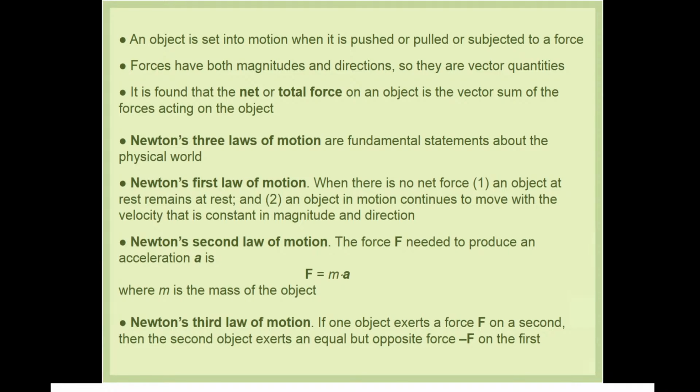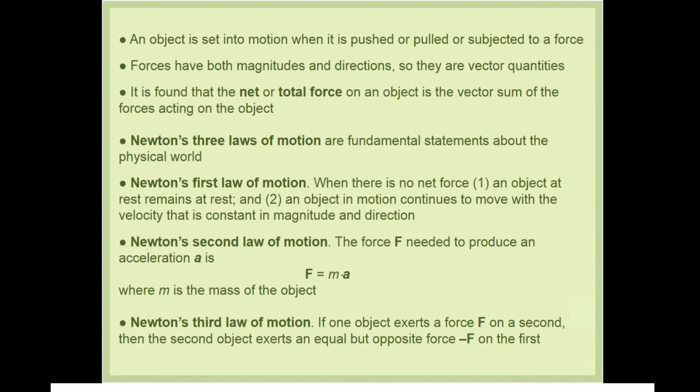Forces have both magnitudes and directions, so they are vector quantities. And it is found that the net or total force on an object is the vector sum of the forces acting on the object.